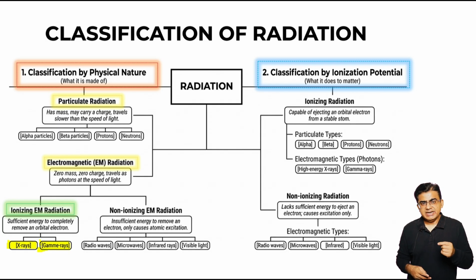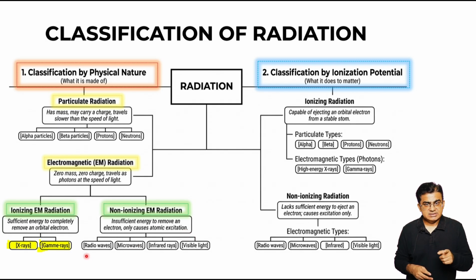If the electromagnetic radiation does not have enough energy to remove an electron from its orbit, it is called non-ionizing electromagnetic radiation. It can only cause atomic excitation, not ejection of electrons.